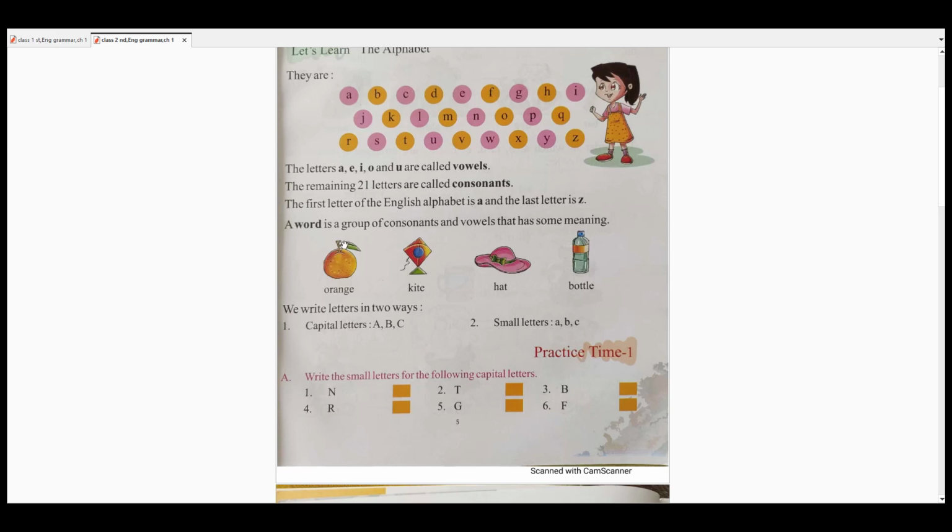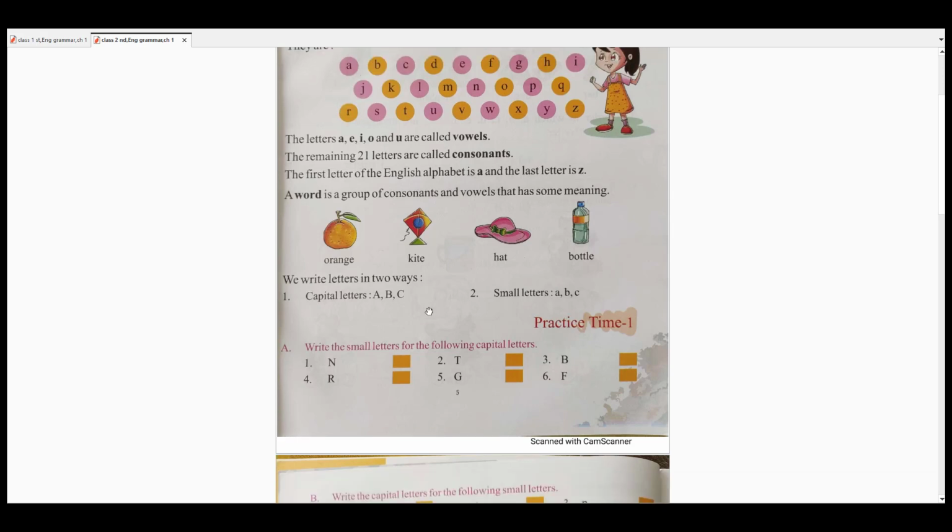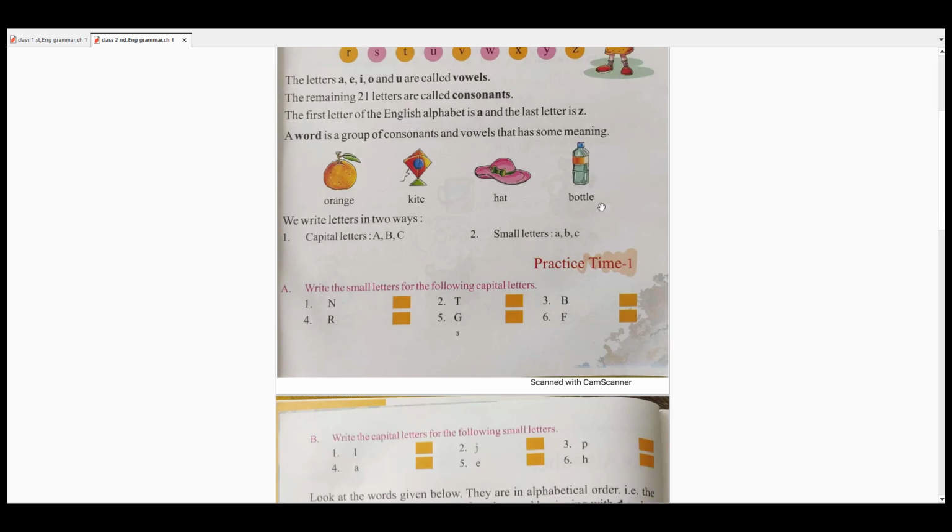Then it will be called a word. So a word is a group of consonants and vowels that has some meaning.